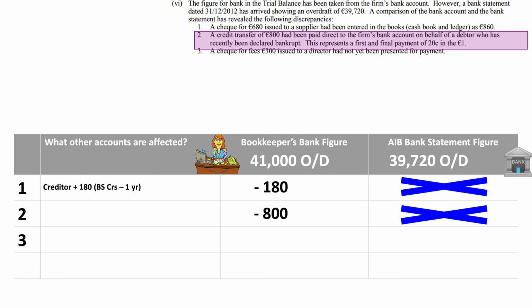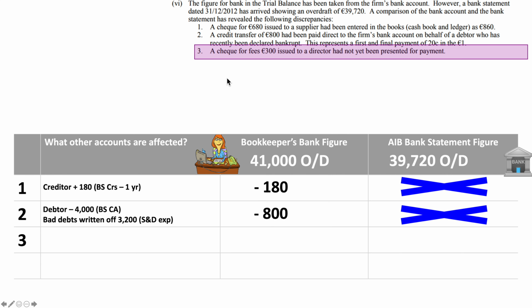That's going to be bad debts. So we're going to reduce the debtor by the whole amount, the €800 and the 3,200 bad debts written off. So €800 coming into the bank on the debit side, 3,200 on the debit side of the bad debts account because that's an expense, and then the debtor, the asset, is going to be credited €4,000, and that's that.